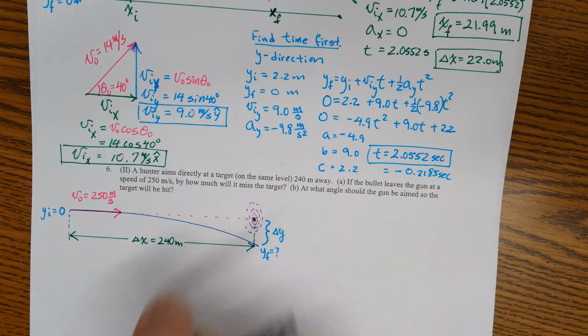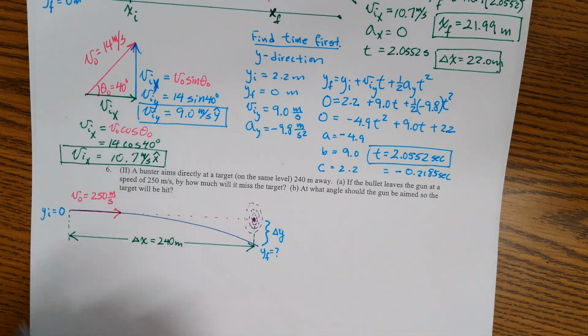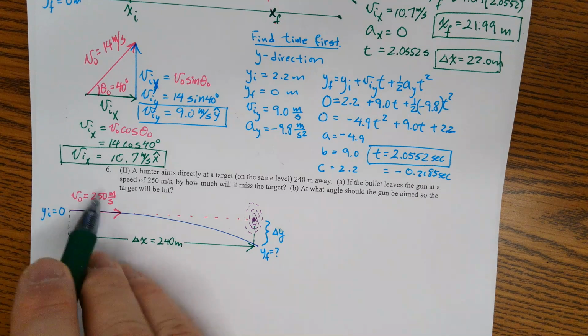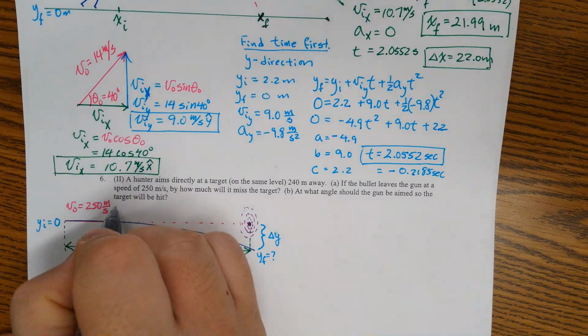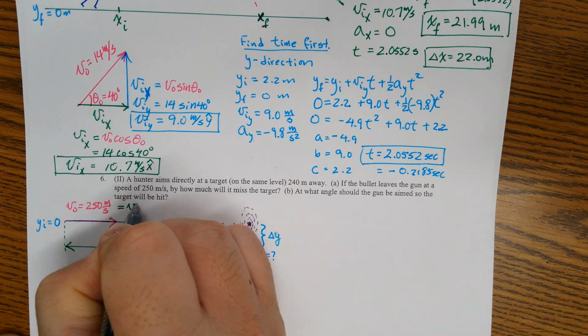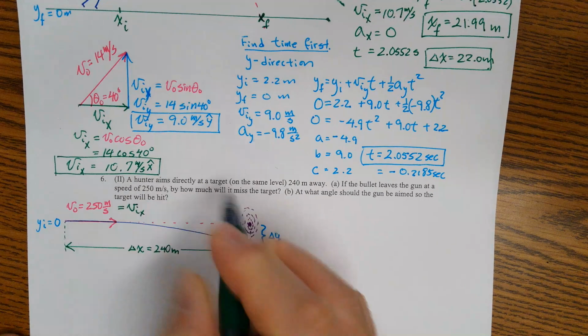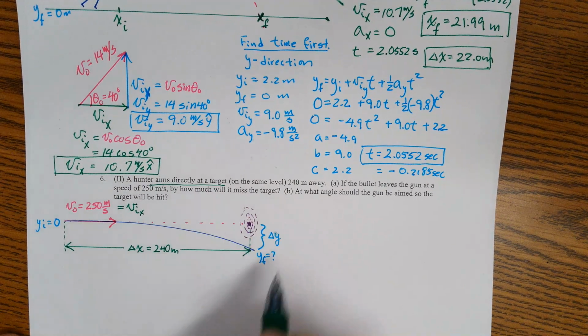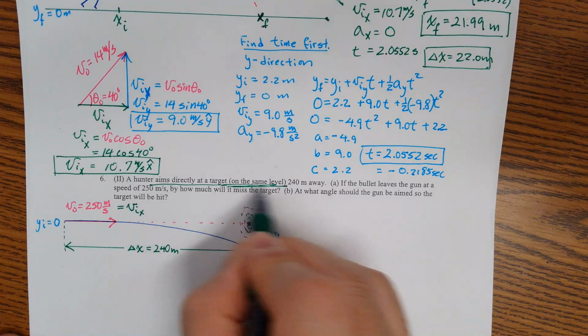So in this particular case, since they give us the V naught, which happens to be the same as your v_ix because it is aimed directly at a target on the same level.